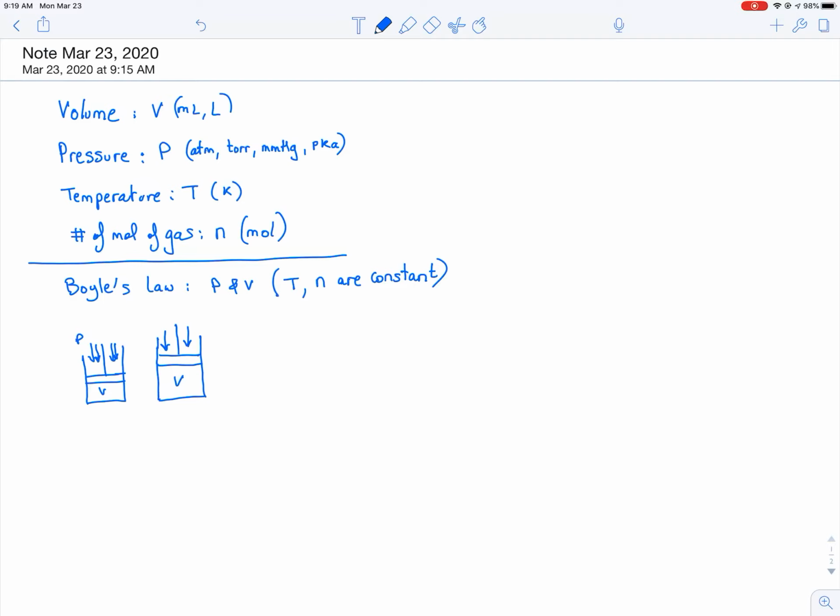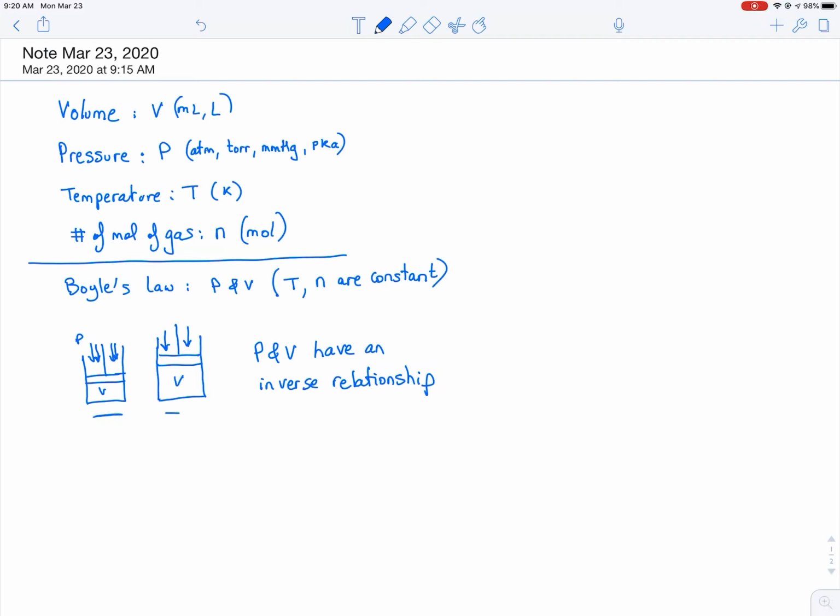Similarly, if I add pressure on top of the container, the volume is going to go down. So it's an inverse relationship. The relationship between P and V is an inverse relationship. When one goes up, the other one goes down. Okay?